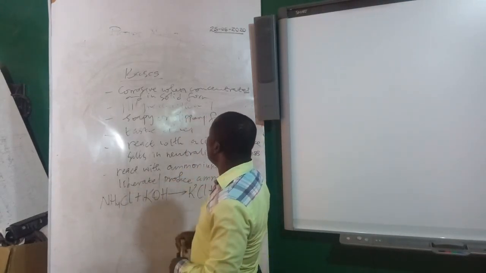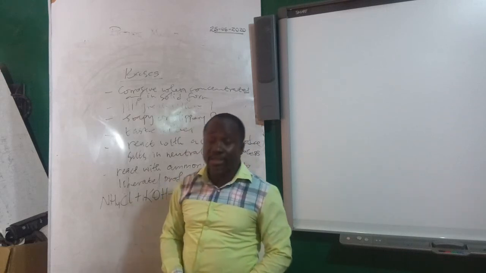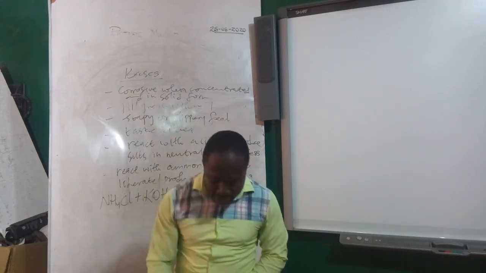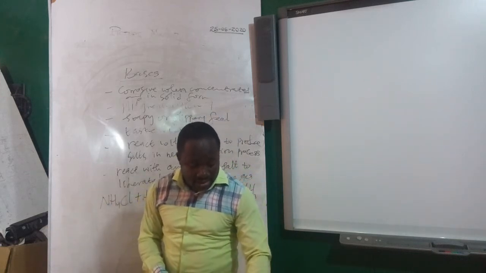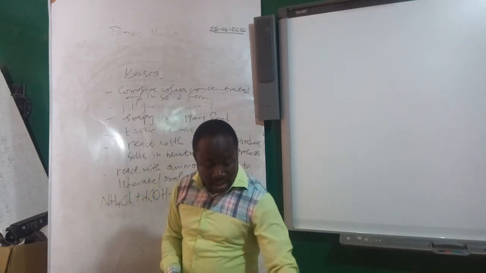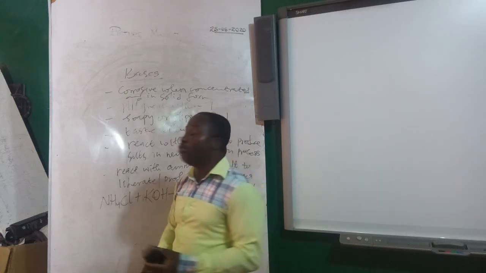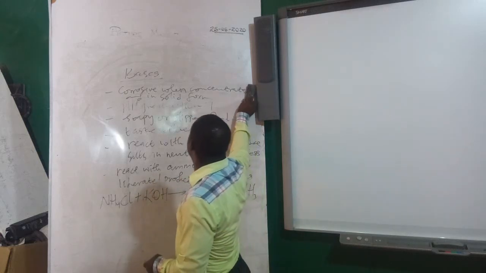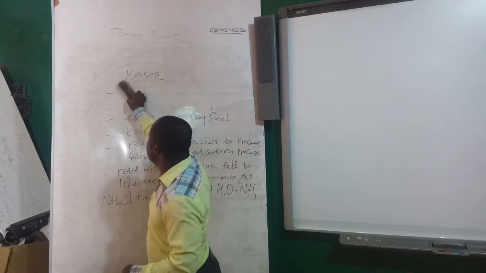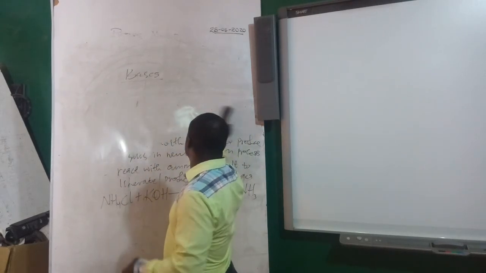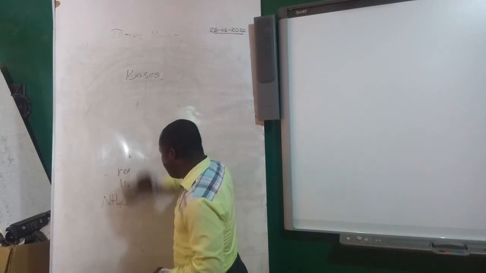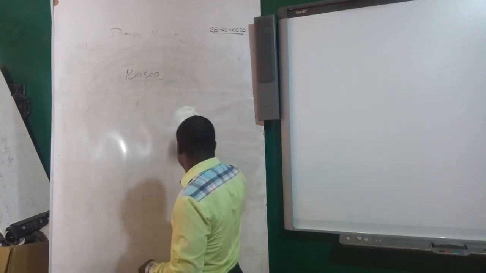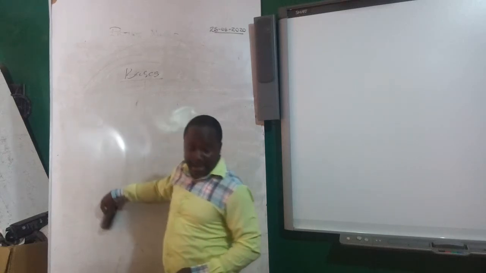Again, we also know the properties of bases. Let's look at uses of some bases. In fact, we have quite a number of bases, and I hope you remember last time we considered quite a number of acids and their uses. So let's look at uses of some selected bases. Not all the bases. We can't deal with all the bases here in this lesson.